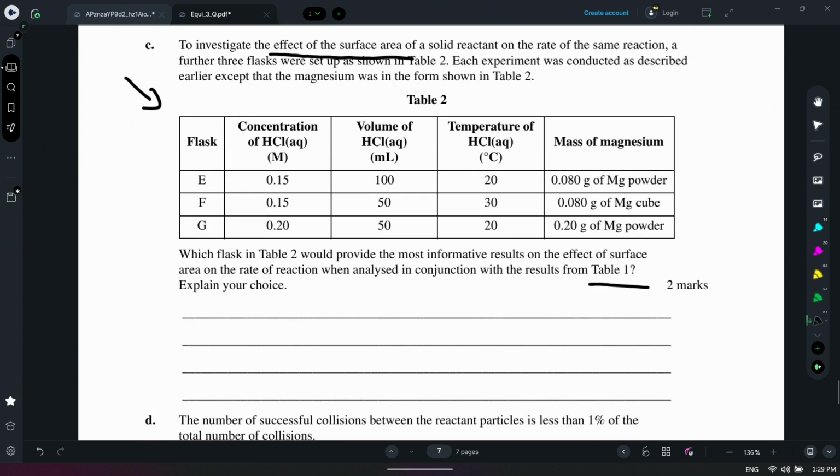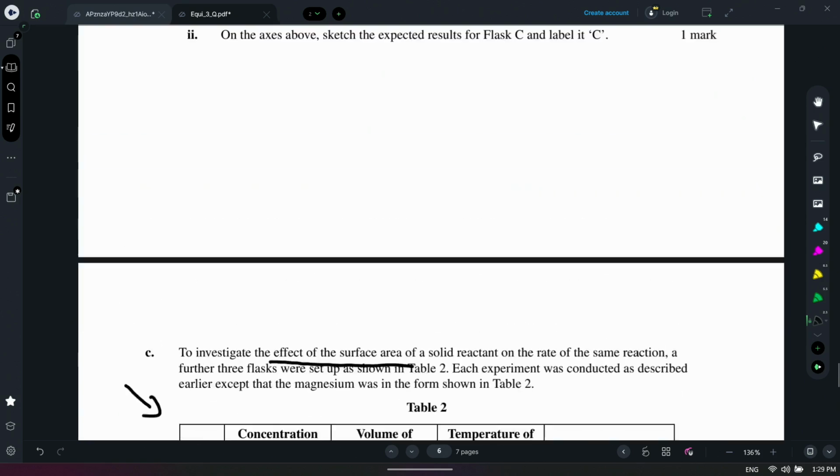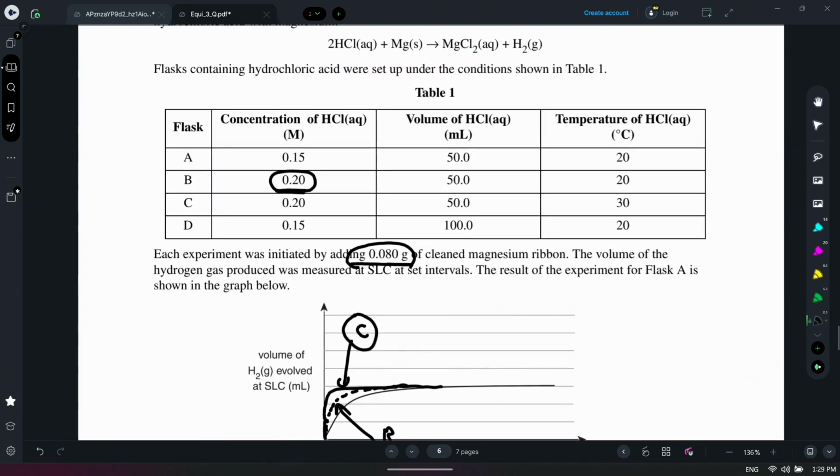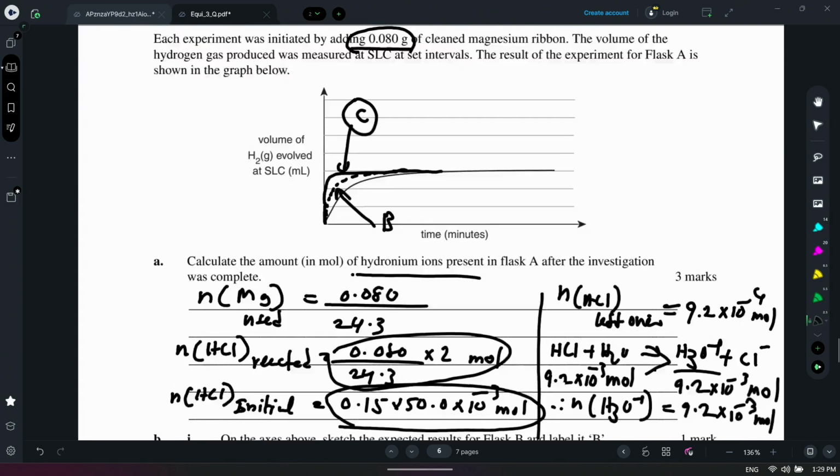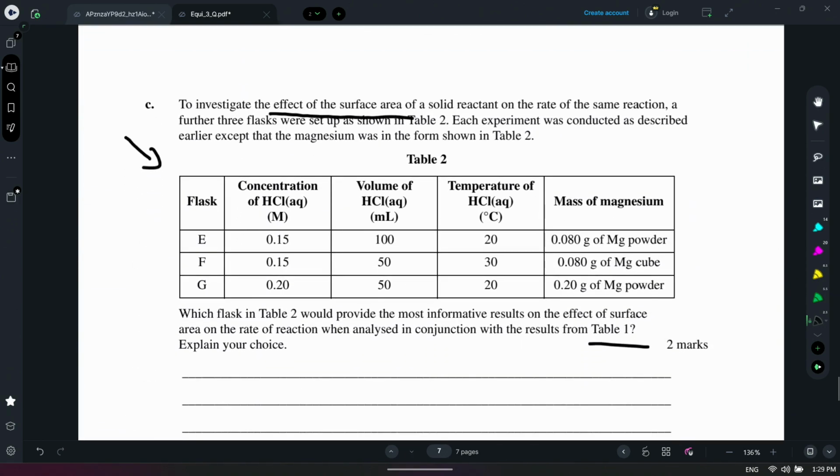So they are asking you which flask in table 2. You need to find two flasks, one flask in table 1 and one flask in table 2, which should have the same conditions except the surface area. One should have a ribbon, the big particles, and the other one should have powder.